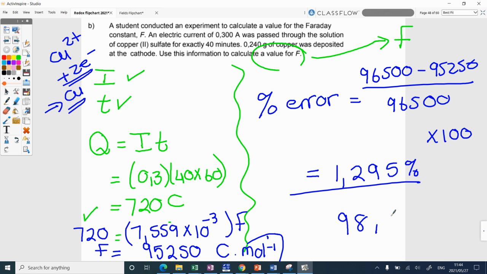Why would you work out percentage error? Because you guys sometimes get more than 100 and then you think it's okay. If this value was bigger than the value that you were supposed to get, then you're going to get over 100. Can you be over 100% accurate? As long as you realize that it's impossible and you fix it, that's fine.